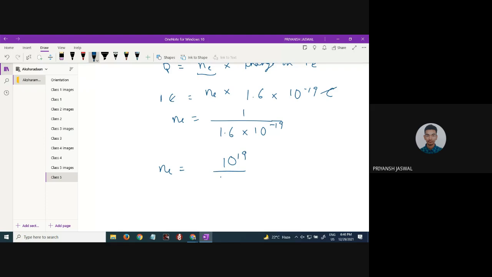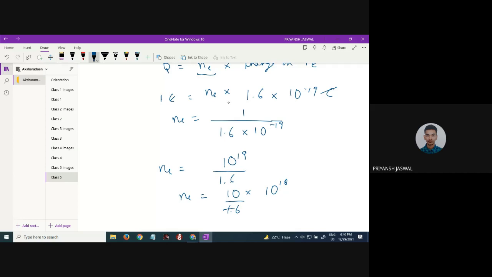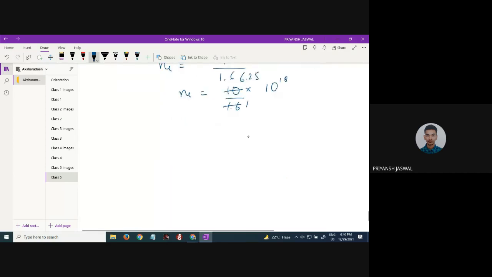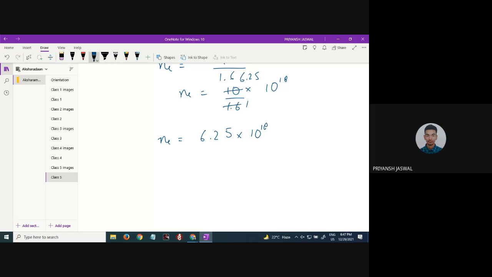You can write it as 6.25 into 10 to power 18. So the number of electrons comprising 1 coulomb of charge is 6.25 into 10 to power 18 electrons. It has no units as it is a number. This is the answer.